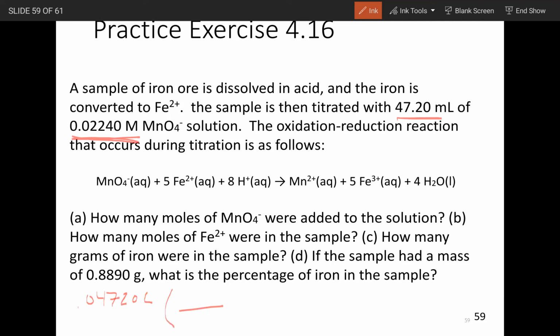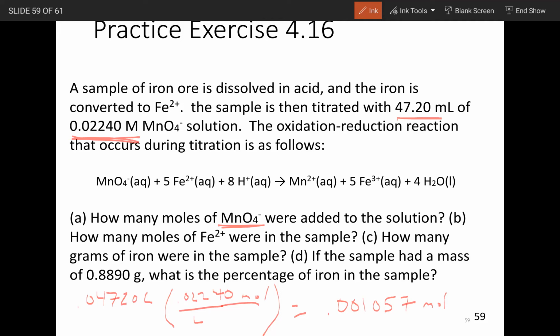And then we can put that over a liter. And then for every 1 liter, we'll have 0.0224. Oops, that's bad writing. I'm struggling to squeeze this into the bottom here. I should have gone on to the next slide. But what we're going to see is that'll give us a very small amount of moles, 0.001057. And that's going to be for the moles of that permanganate.